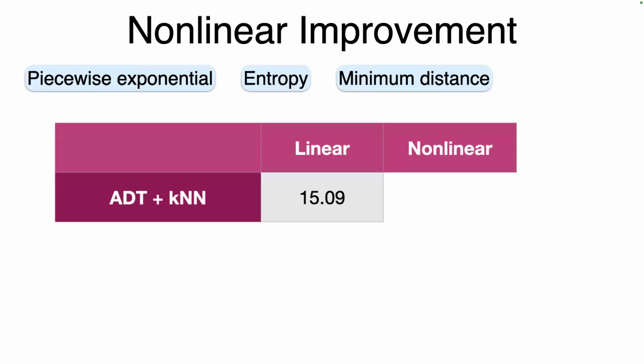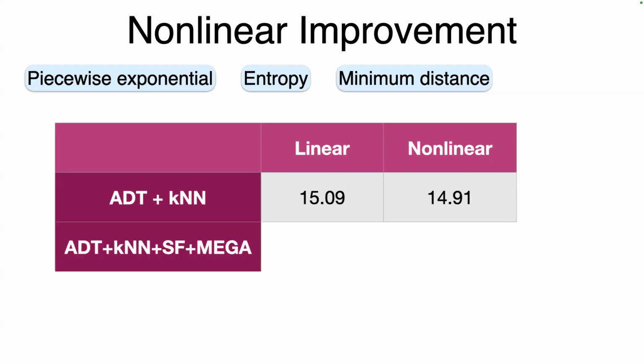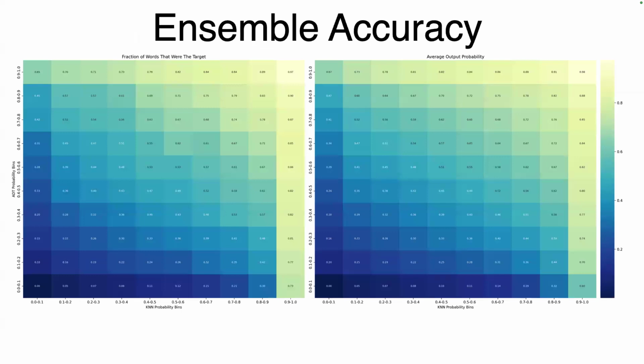So if you look at just two estimators, ADT and KNN, you get 15.09 and 14.91. If you use all four estimators, you get 12.81 and 12.74. And just to show you that this method works well, here you see the actual predictors of KNN and ADT, and here is the actual accuracy.